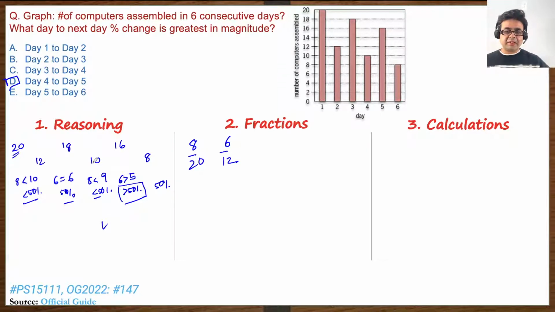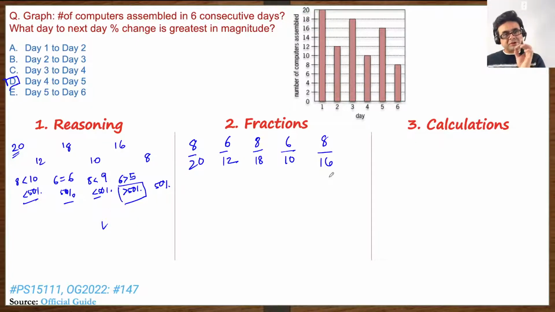Similarly, 18 to 26, so my change is 8 divided by 18, the start of the year. Then 16 minus 10 is 6, divided by 10, the start point. And then finally 8 divided by 16.